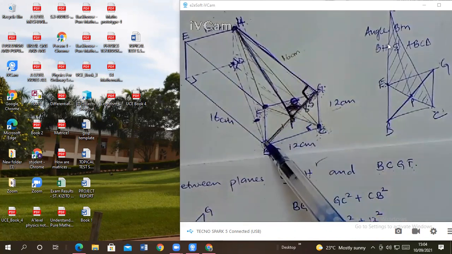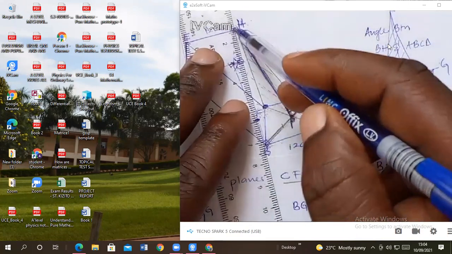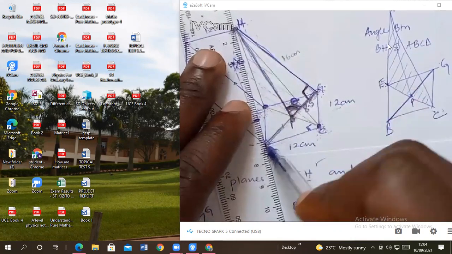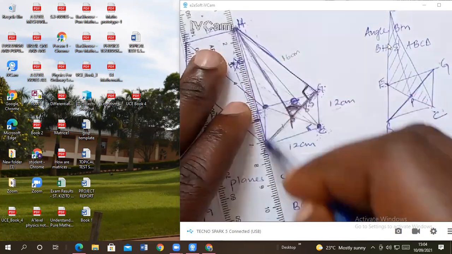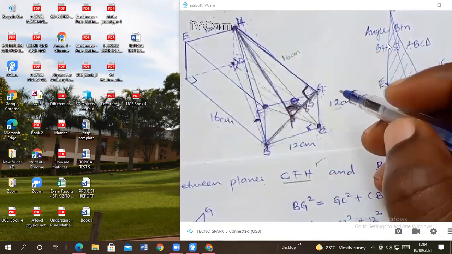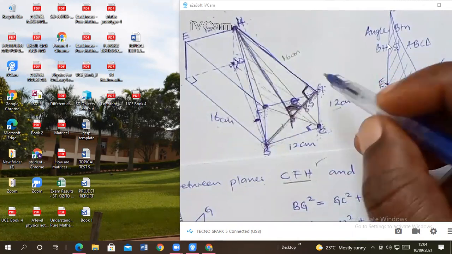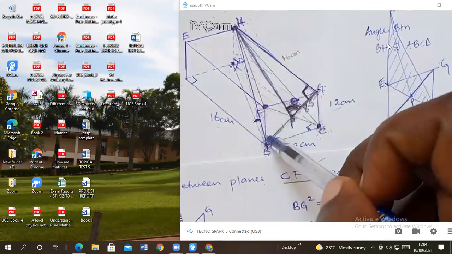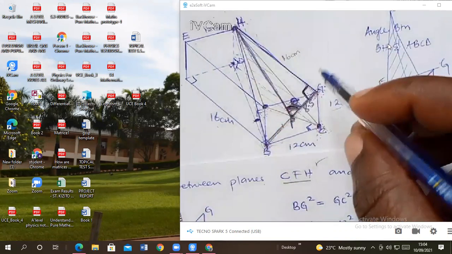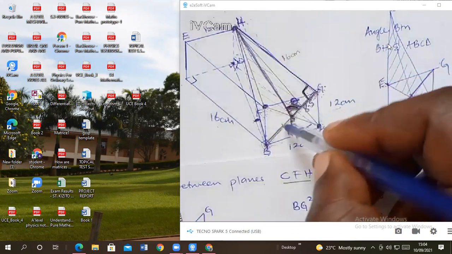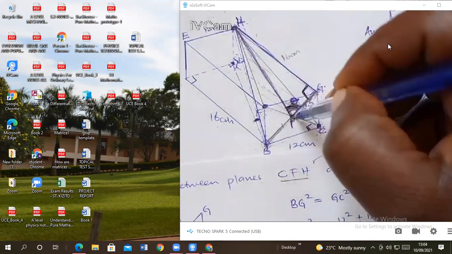Because now it means that you have to draw a line from H to B, that line there. But now, when you draw a line H to B, you have to find that line BH. And that means that you have to also find the length PH and also BP.